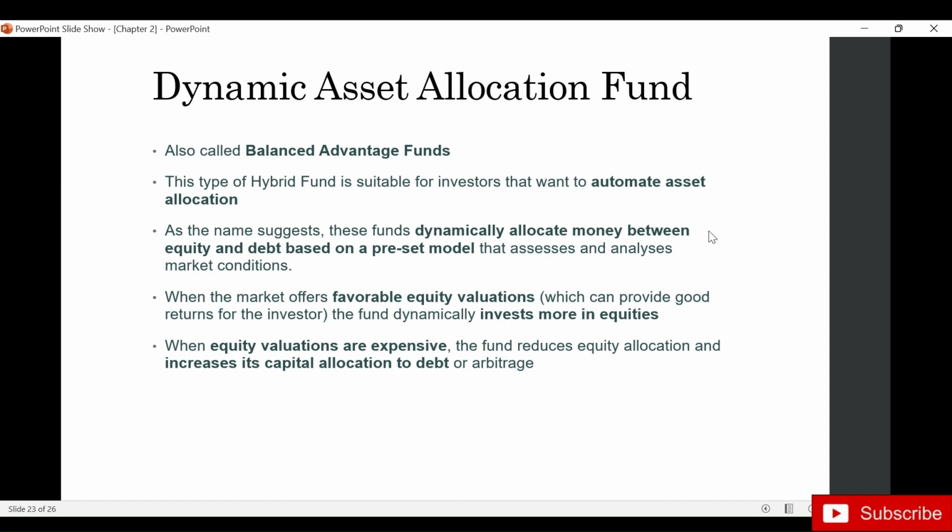Whenever the stock market favors the equity valuations, the fund invests more in equities and less in debt. And when the equity valuations are expensive, when the stock market is at an all time high, then this fund reduces the exposure to equity and increases the exposure to debt.